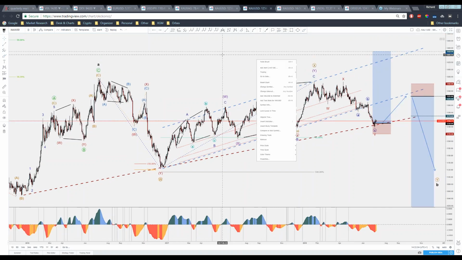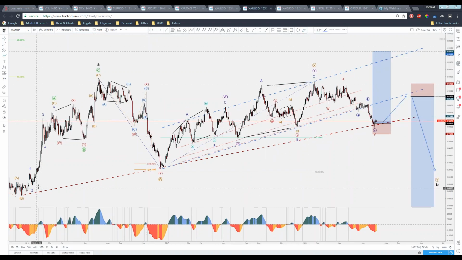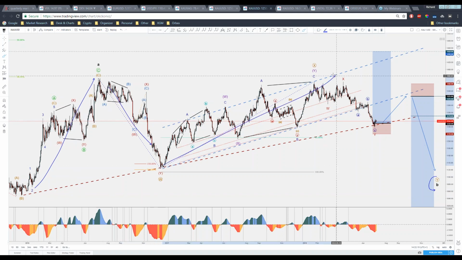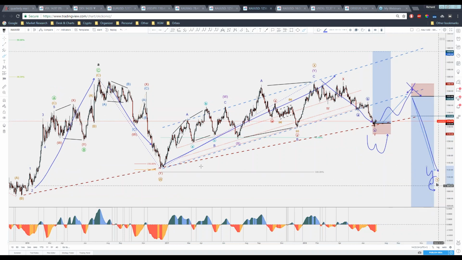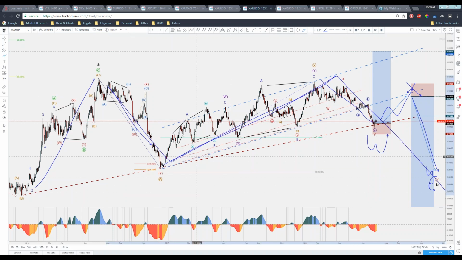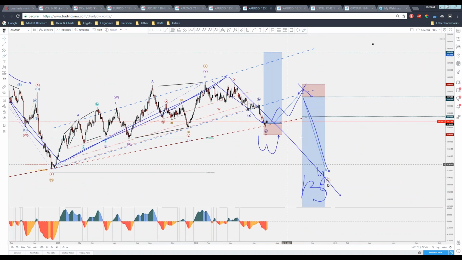Now the other scenario kind of looks like this, right? An A, and this to be the B, W, X, Y for this B. So you have W, X, Y, W, X, Y, A, B, and only then to complete the pattern.